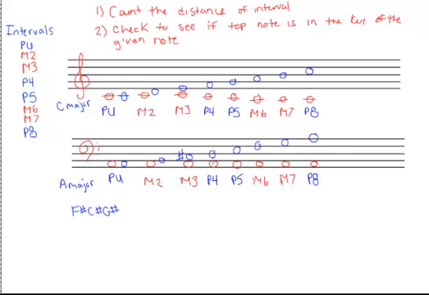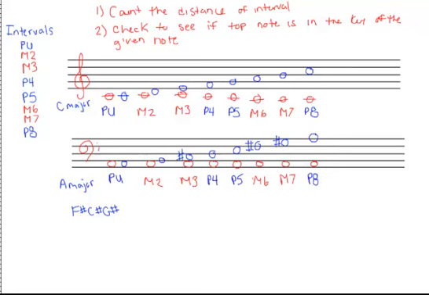So we have next a D, which is fine, E, that's fine, F, well, F sharp, so let's write in our sharp there. G, no, we need a G sharp. Better mark that in, making these both major 6ths and major 7ths. And octave, A again, so we're good.